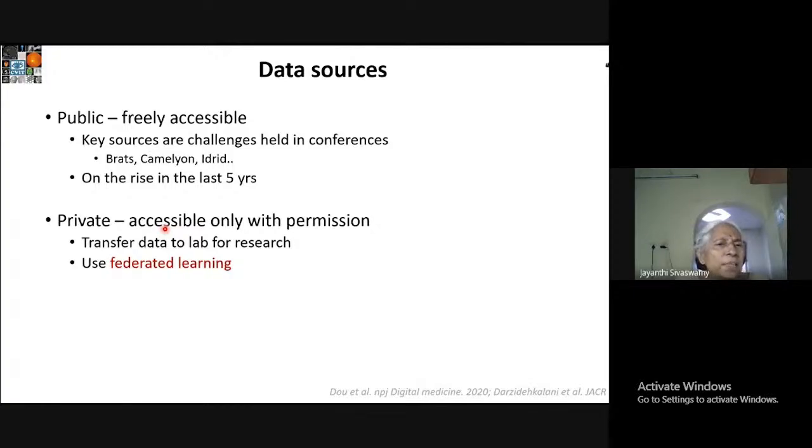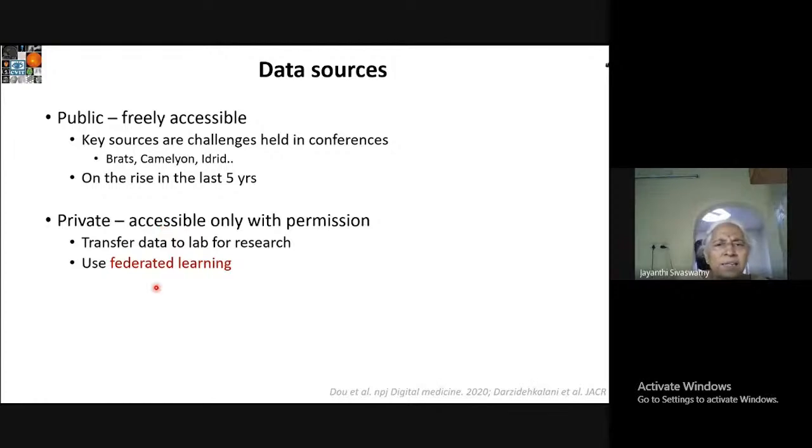And there are two modes here. You can transfer the data to the lab for research. So you sign an agreement and hospital allows you to transfer the data. Another one is something I want to share with you, which is the most recent development in deep learning, and that is called federated learning.